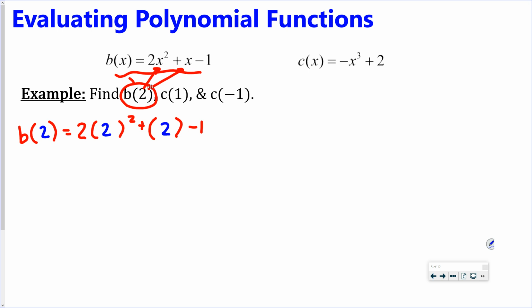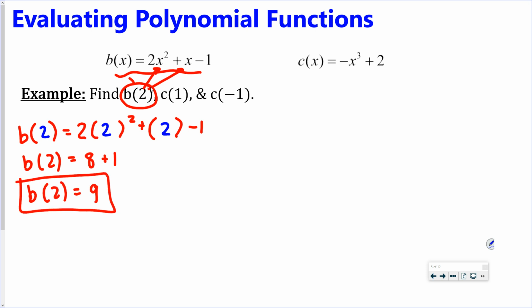Okay, let's do this in our head quick. We have 4 times 2 is 8 plus 1, we get 9. That'd be my final answer. B of 2 is 9. When I plug in 2, I get out 9.